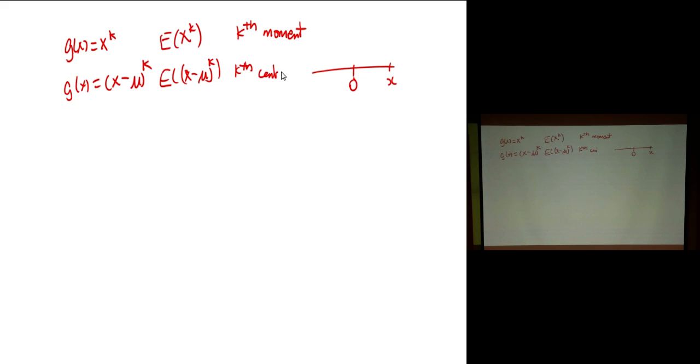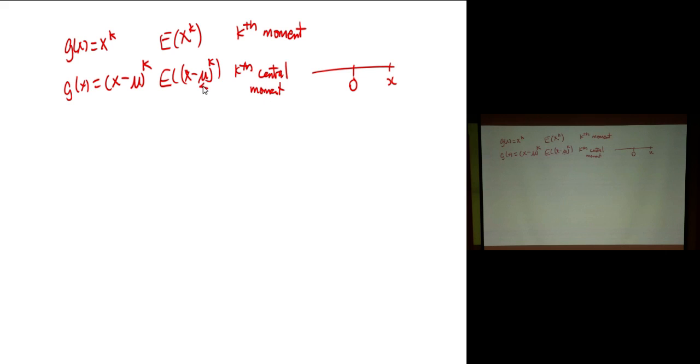It basically measures how each of the values deviates from 0, and then you raise it to the power k. All right? A third type, which is not in the notes, is when g(x) takes the value (x minus mu) to the power k. The variance is a special case with k equal to 2. This one is called the kth central moment.